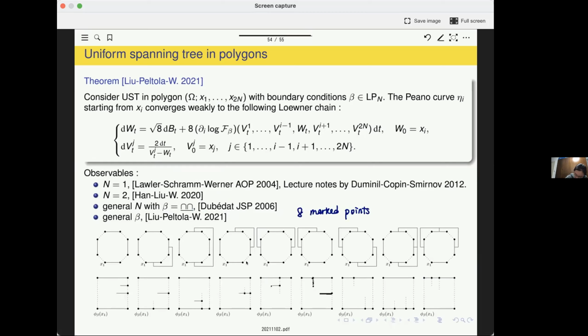And the locations of the slits represent the different boundary conditions. After we figure out this conformal map as the observable, the next step is to solve the driving function from the observable. This is called standard, but still requires a lot of technical work.